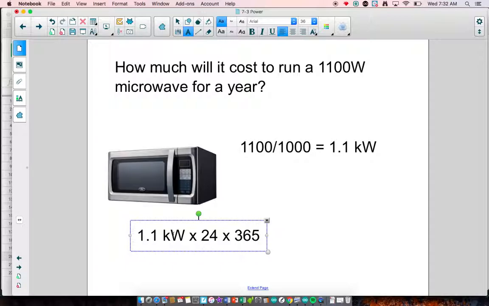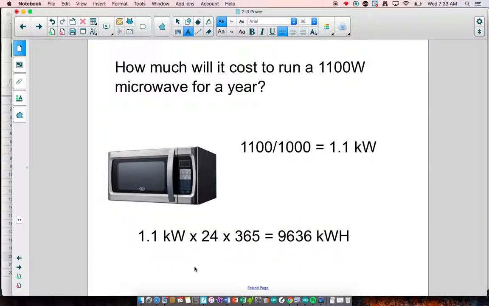Okay. If you had a microwave on for 24 hours a day, 365 days a year, you'd be using it for a whopping total of 9,636 kilowatt hours.